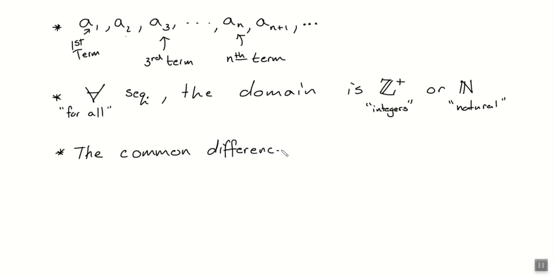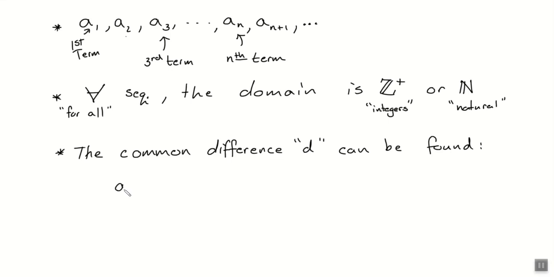The common difference, d, can be found, and I'm going to use a colon, and we're going to make this like a main point. If I gave us some sequence, and I already have one here, as long as I have 2 successive terms, I can verify this is an arithmetic sequence, because anytime that I do a subtraction, we're going to get the same thing.